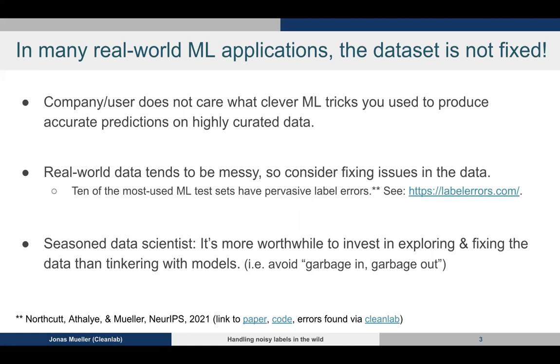But the problem is people in the past have been doing this exploring and data improvement very manually, very ad hoc. It's kind of like how deep learning was once upon a time, where people had this expertise, like a sort of black magic, and the good data scientists are the ones who can do it really well because they have this intuition and they're really able to fix the data very quickly, guided by their intuition. And then the more junior data scientists or software engineers who aren't formally trained struggle a lot more.